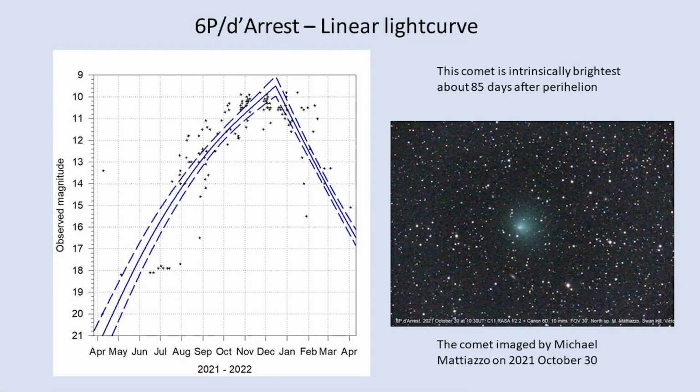But not all comets follow that logarithmic style. There are a few that follow a rather different pattern, and where, because of the linear brightening, they turn out to be brightest usually sometime after perihelion. On this particular comet, over successive apparitions, the delay in intrinsic brightness has been getting longer.